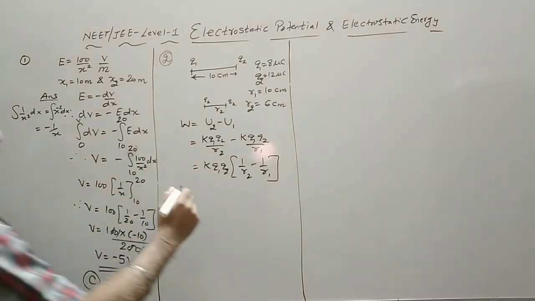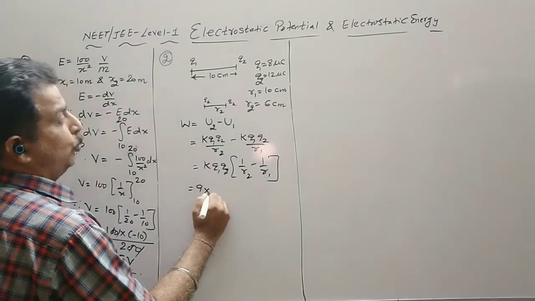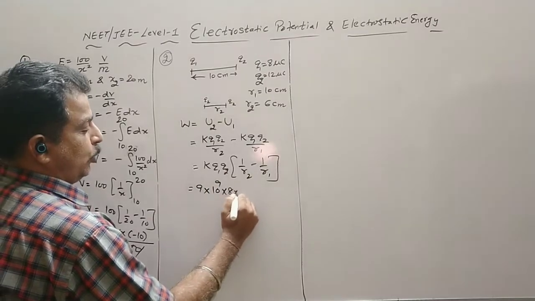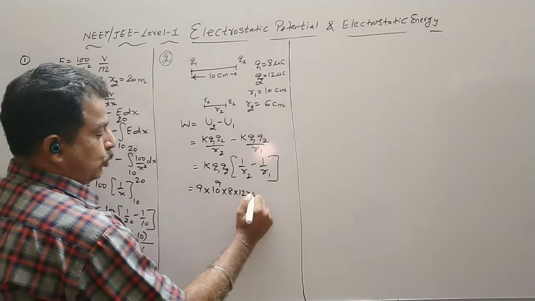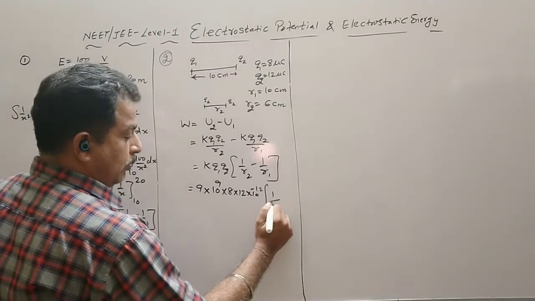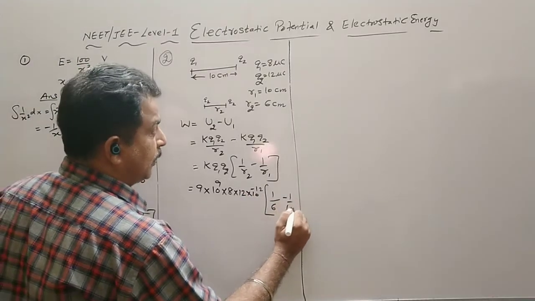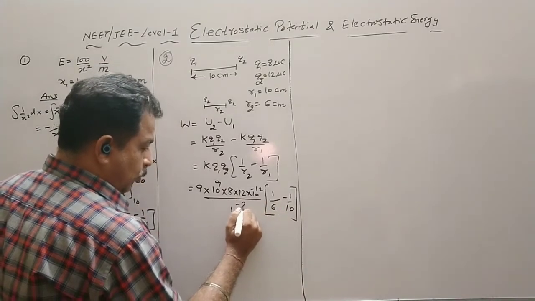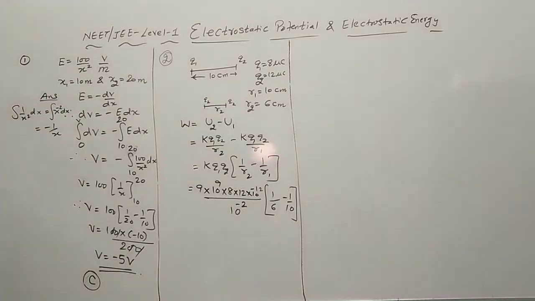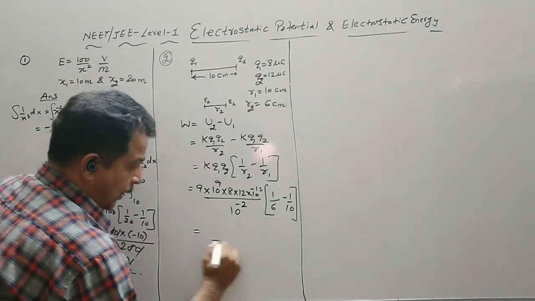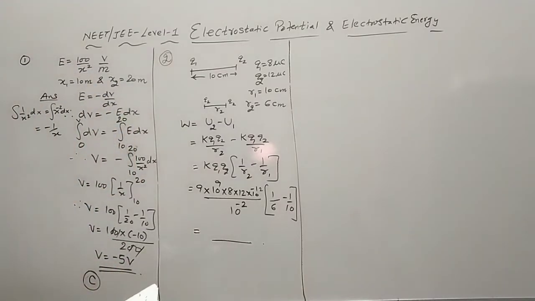Now we need to substitute the values, that is 9 into 10 raised to 9 for K, 8 into 12, both micro so 10 raised to minus 12, and here it becomes 1 by 6 minus 1 by 10, both in centimeter, which is converted into meter. So you substitute these values and find out the answer.